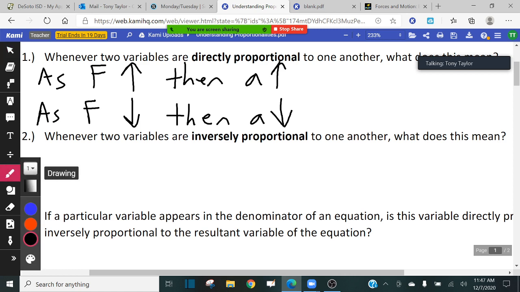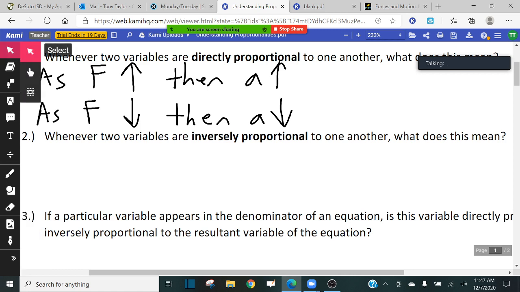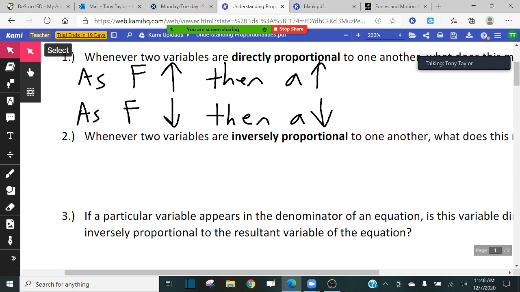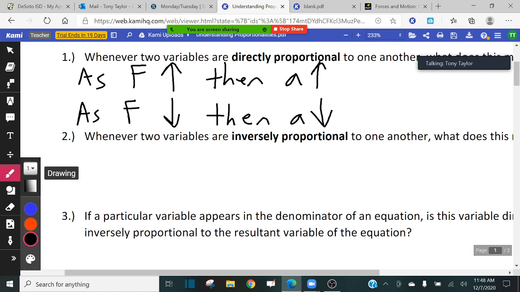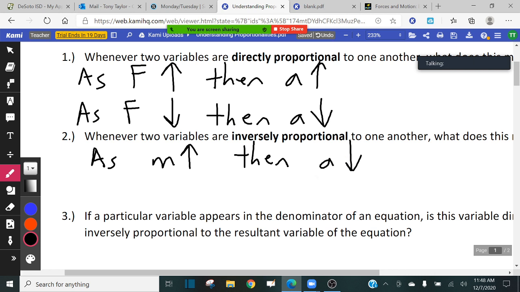I'll write that out here. Whenever two variables, such as mass and acceleration, are inversely proportional, what that means is that as mass increases, then acceleration decreases.